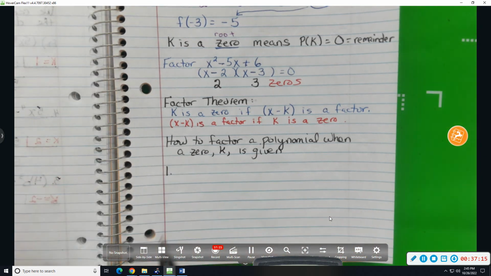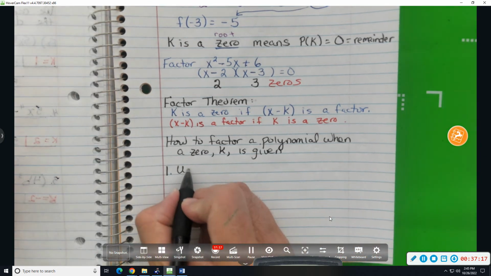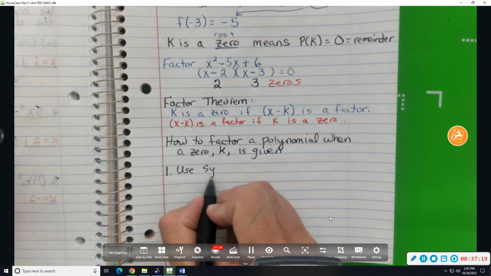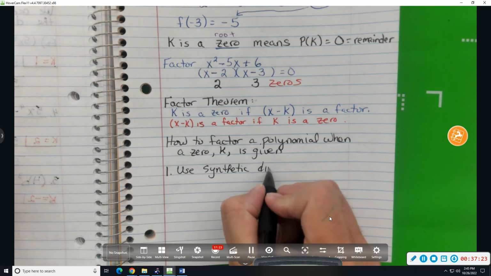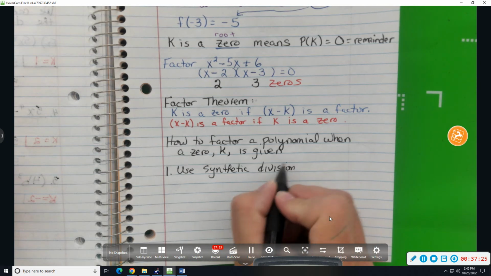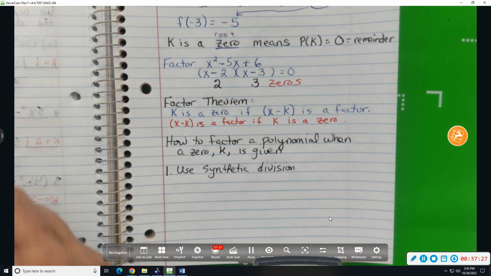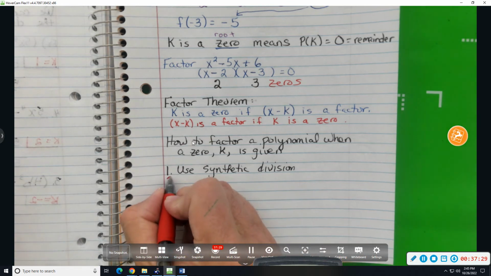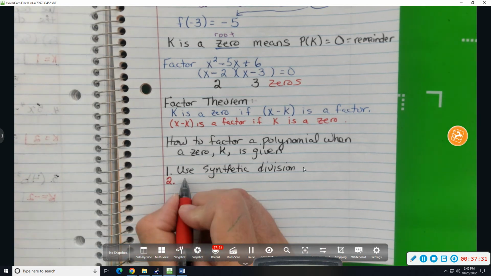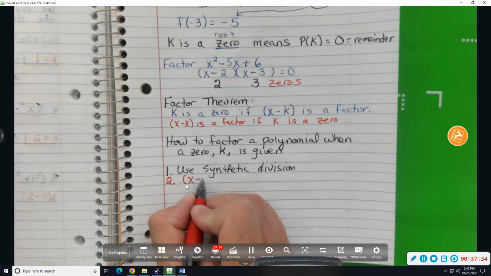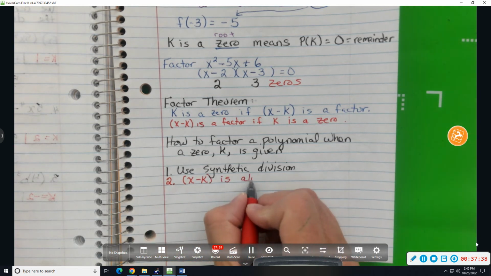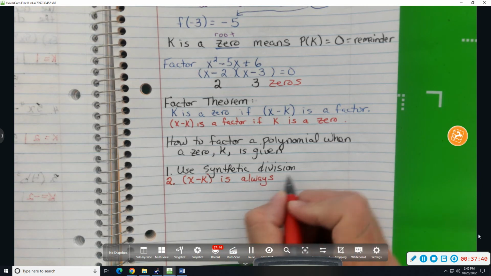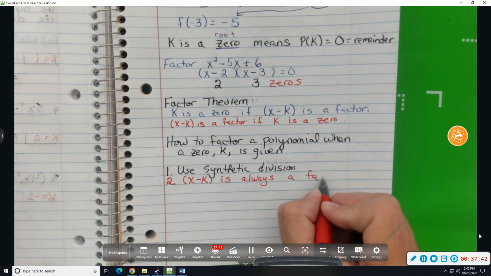Step 1, use synthetic division. Then once you do that, and remember, if that k value is a zero, the remainder is going to be 0. That means the quotient will be a polynomial that can be factored further if it's factorable, but there won't be a remainder.